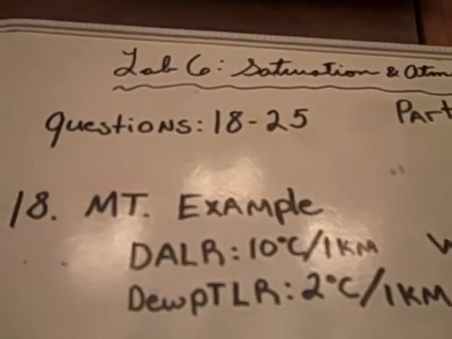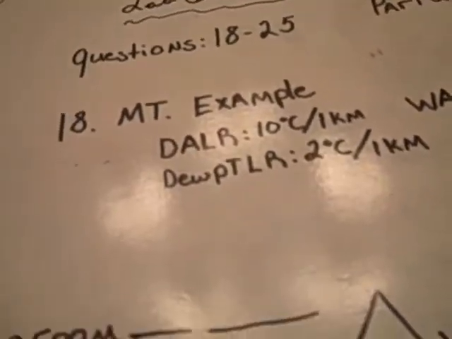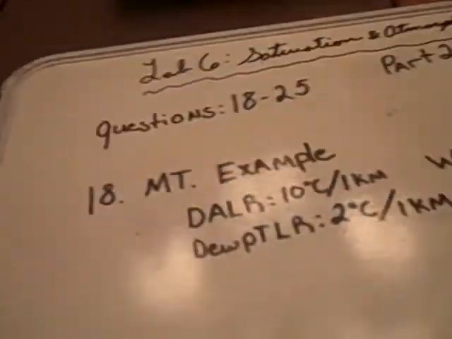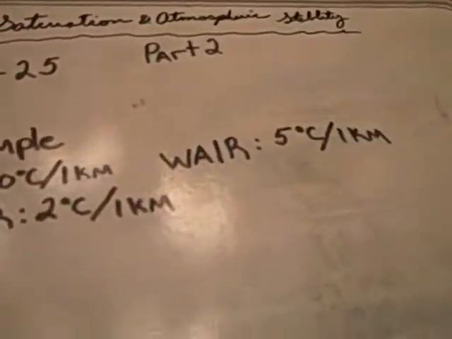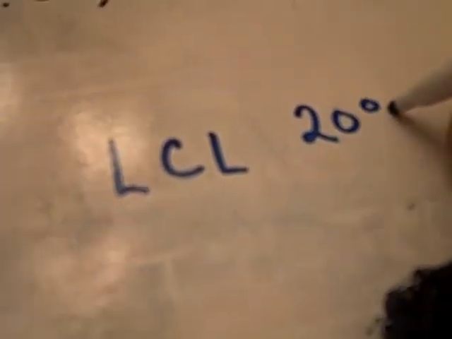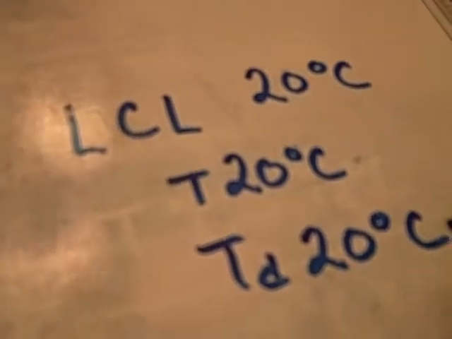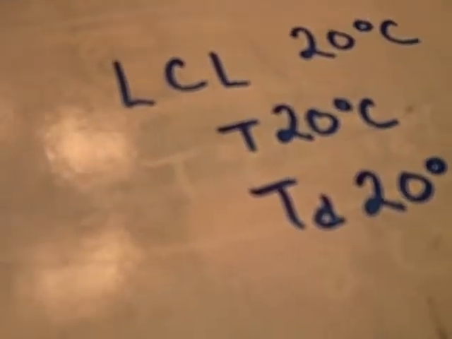Now there's an interesting factor that comes up in the reading, and that is the fact that when the dew point temperature is met, the dew point temperature becomes the temperature of the cloud. So if the lifting condensation level is met at 20 degrees Celsius, the cloud temperature is 20 degrees C, and the dew point temperature would also be 20 degrees C. If I go up another 1,000 meters and my wet adiabatic rate is 5, and I've met my dew point, it stays 5.